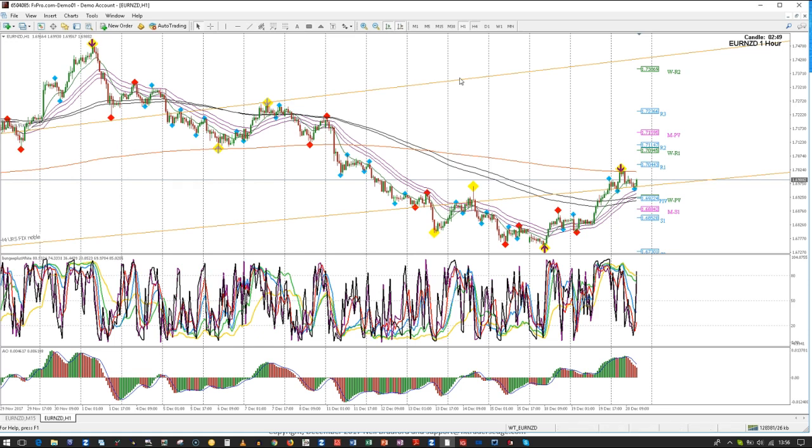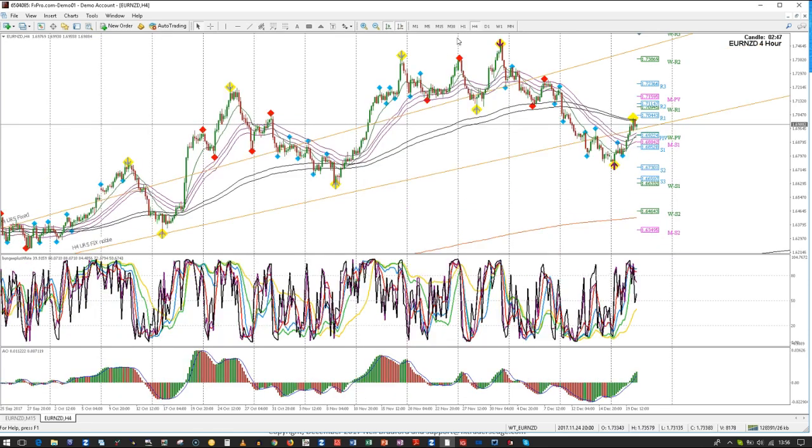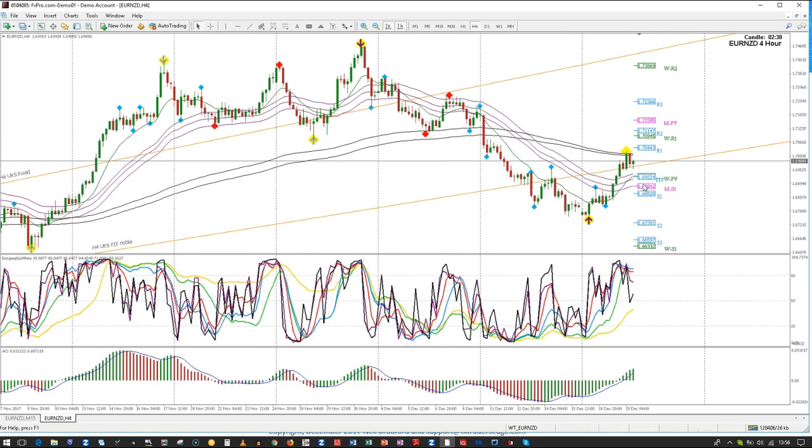Okay, so back up to the H4 then. What are you wanting to see on here? Yeah, we want to know when this is fixed. Well, we can't draw the trend line because there's no yellow semaphore to draw it to.